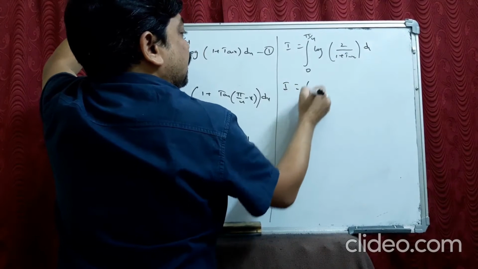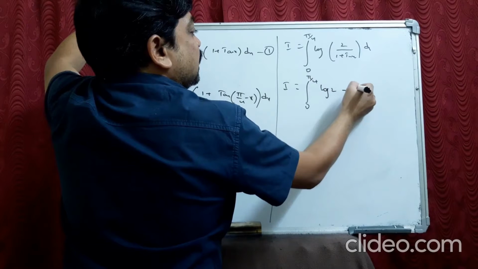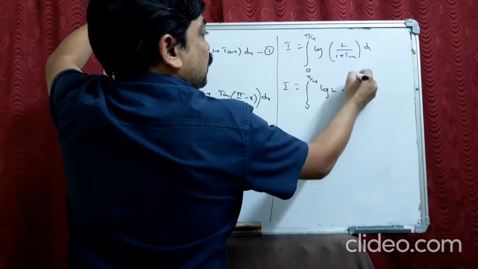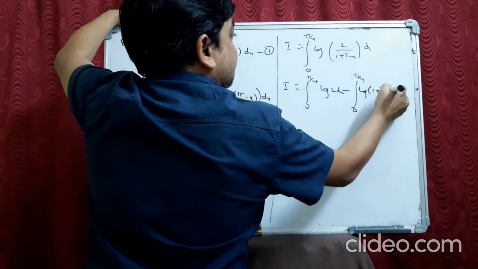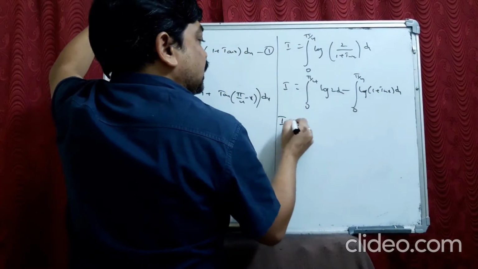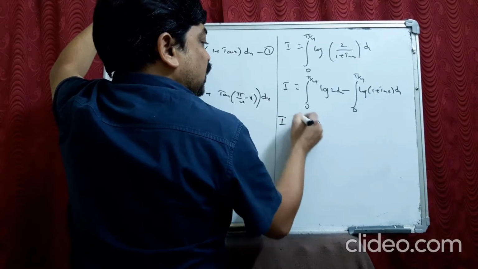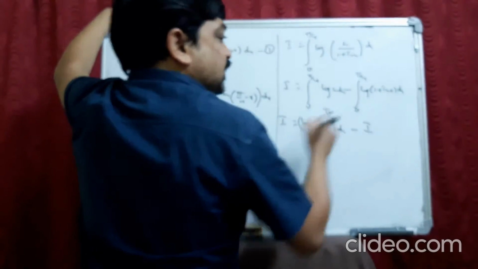It looks like log a by b, so you can write log a minus log b. It becomes I is equal to log 2, a constant, integral 0 to pi by 4 of 1 dx, minus integral 0 to pi by 4 of log of 1 plus tan x dx.